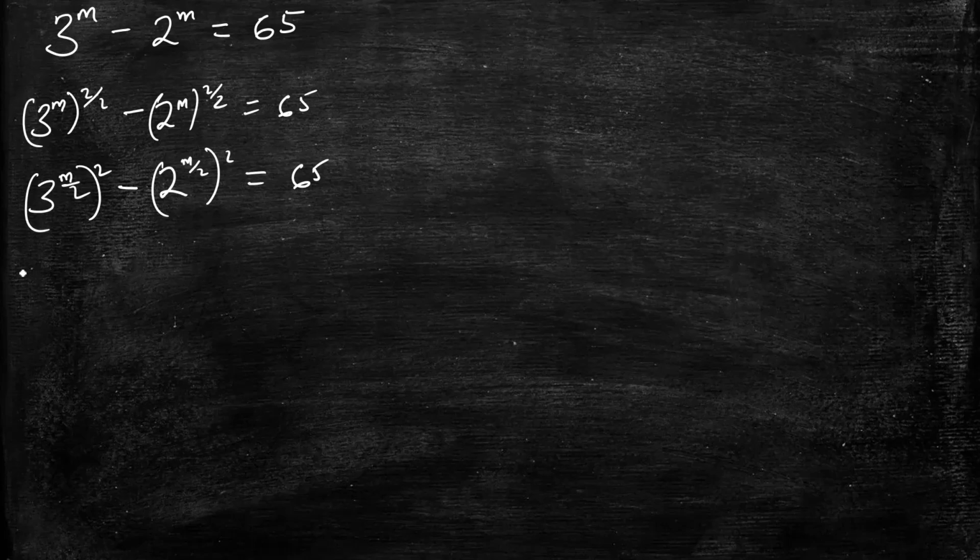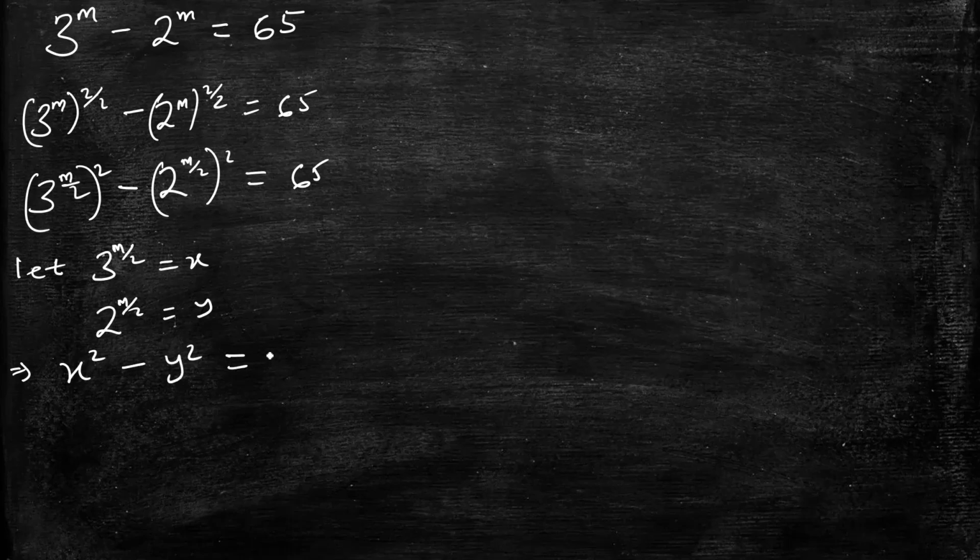So let 3 raised to m on 2 be x, and the other one be y. Going back, I can say x squared minus y squared equals 65. So we can perform the difference of two squares: x plus y, x minus y.